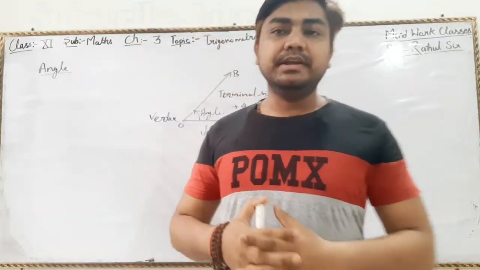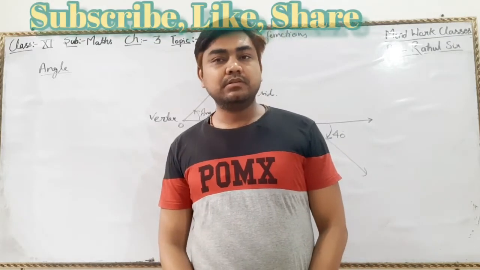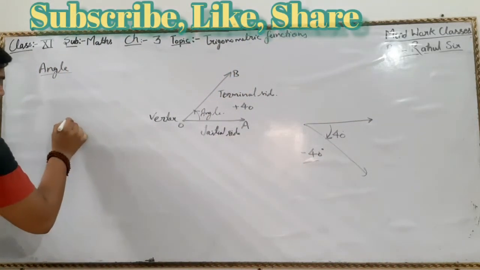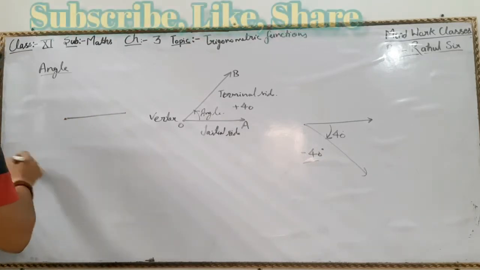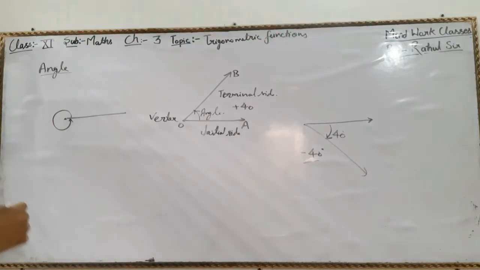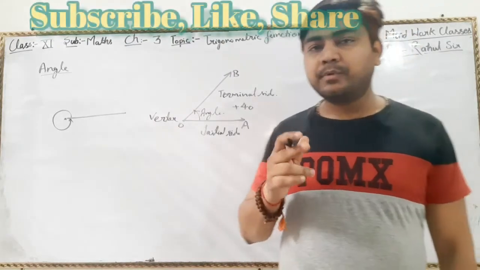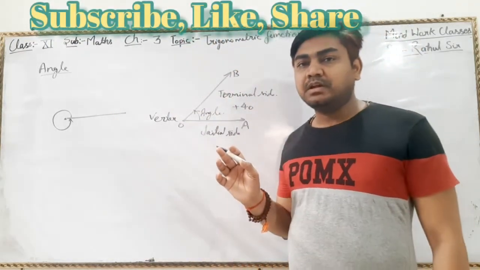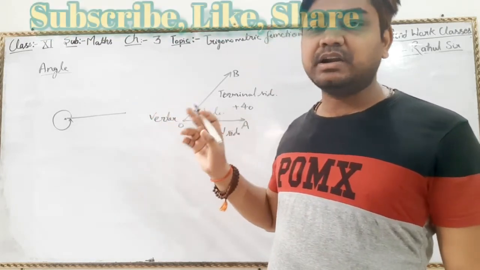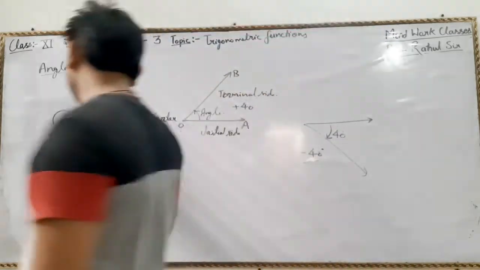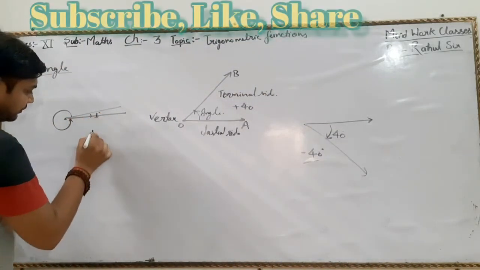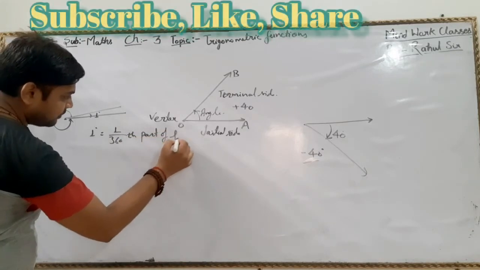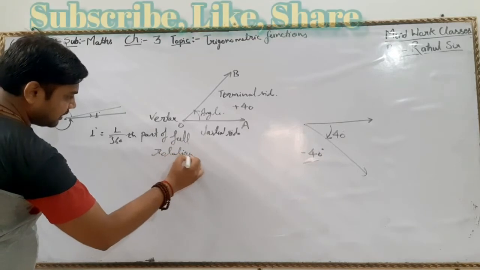In previous classes we studied angles with only one method, that is degree measurement, in which a full rotation about a point makes a total of 360 degrees.